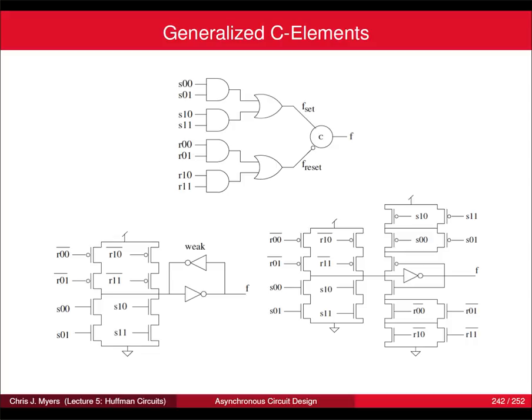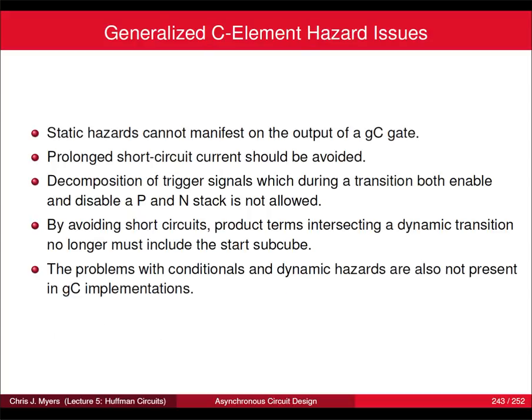Okay, so generalized C elements, as you can see, are a lot of logic smashed into a small number of transistors. And the other nice thing about them is generalized C elements have simpler hazard properties than two-level logic. In particular, static hazards cannot manifest at the output of a GC gate because you have this state-holding capability that retains its state when you're moving from one stack to another.